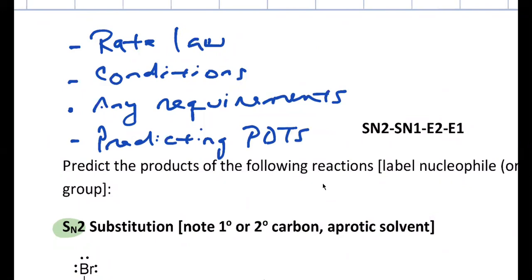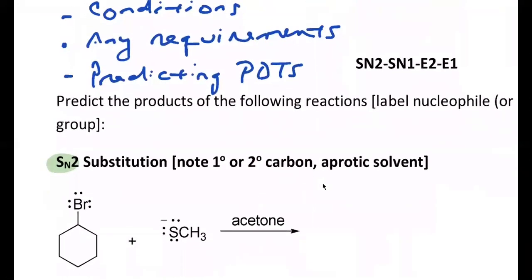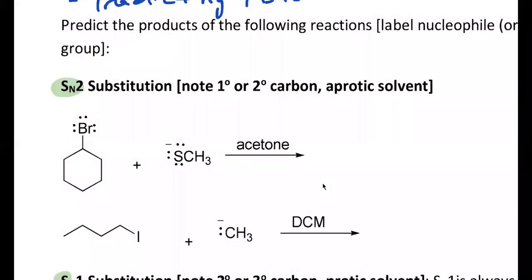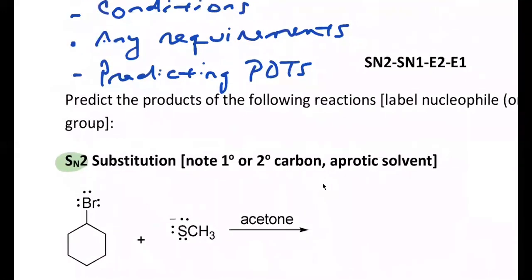All right. So not in this particular order, but these are the things that we're going to learn from each of these scenarios. So we're going to first talk about the SN2. Let me put something else on here too. We'll talk about the transition states too. All right, and so for the SN2, the S is for substitution.